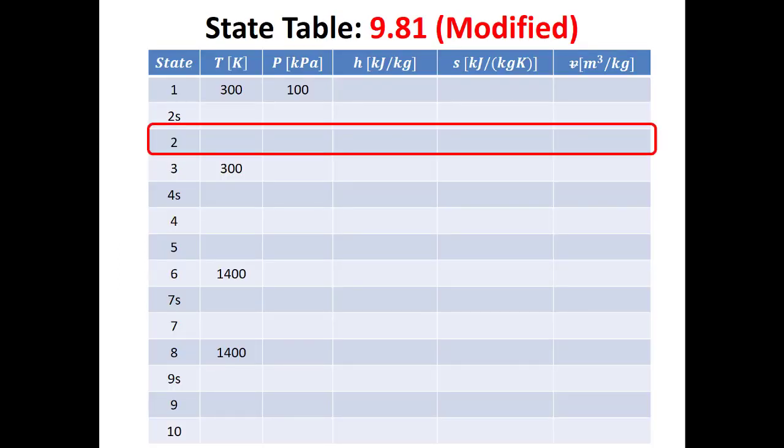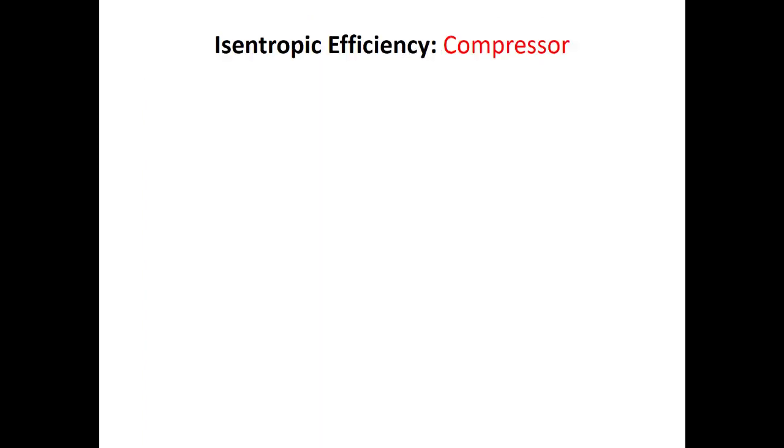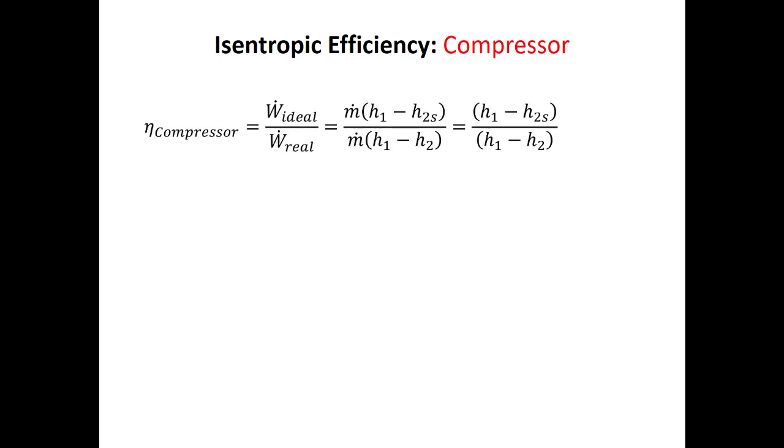How do I go from state 2s to state 2? I use the isentropic efficiency of the compressor, which was given in the problem. So to use the isentropic efficiency across the compressor, we remember that the power of the ideal compressor is divided by the power of the real compressor.